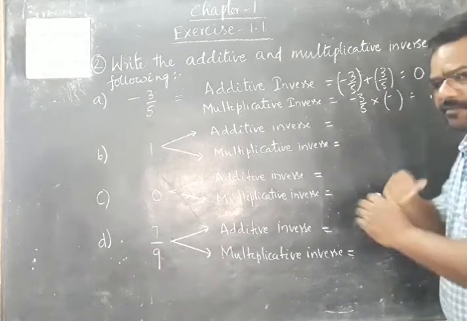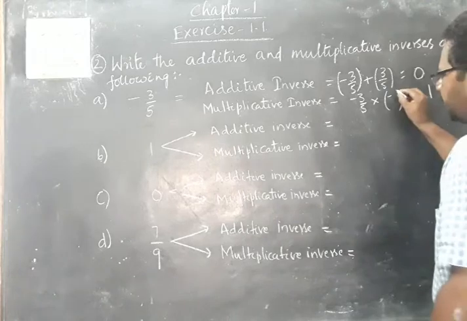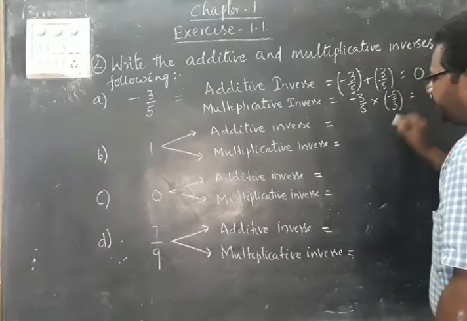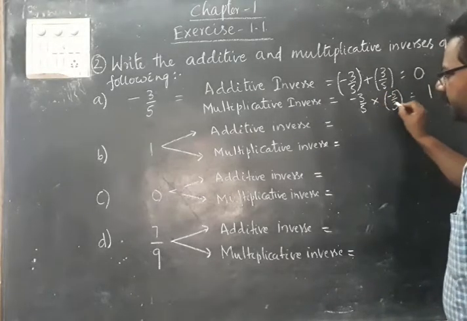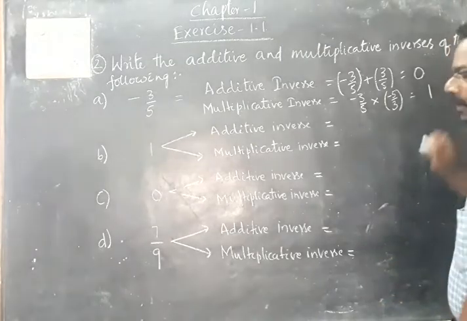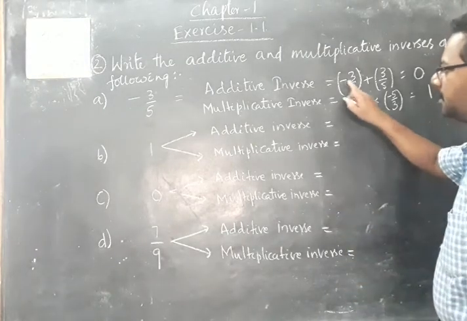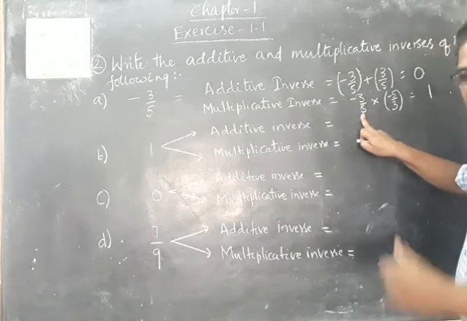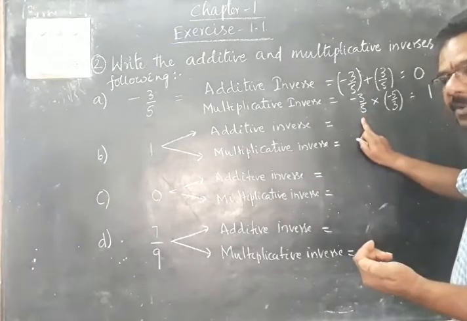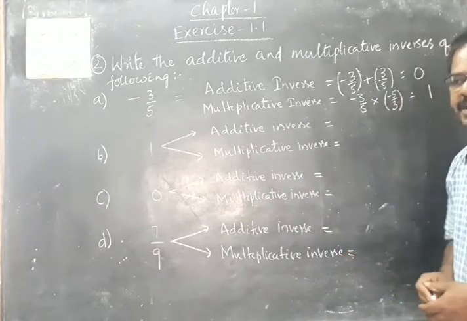The reciprocal of 3 by 5 is 5 by 3. So 5 and 5 can be cancelled, 3 and 3 can be cancelled, and finally we get 1 as the answer. That's why the multiplicative inverse of minus 3 by 5 is minus 5 by 3.